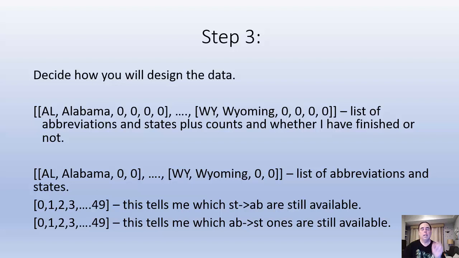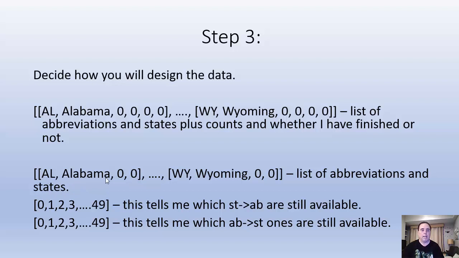So that way I can take this number I find, 0, 1, 2, 3, etc., and go into this list and find that state. Let me make it a little bit easier. Let's say I choose 0.